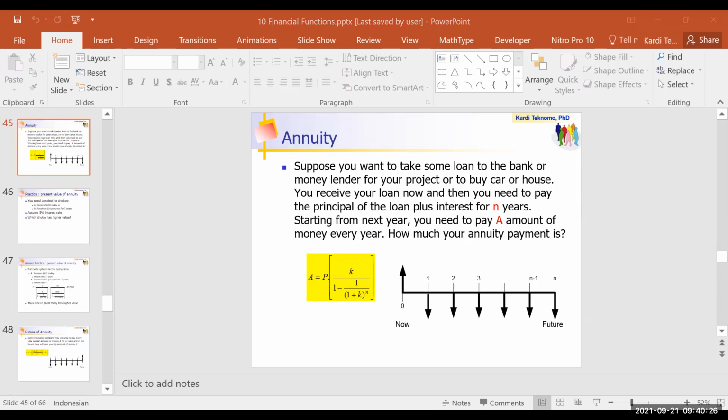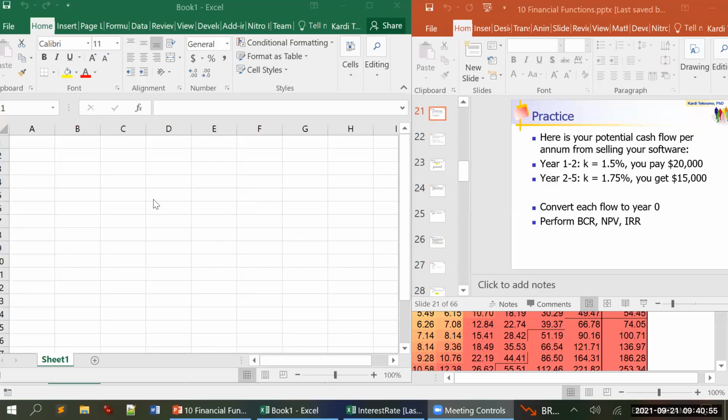Okay, let's do it in a new table. How much is your value a while ago? Okay, let me share the screen. Right, so you have a year 0, 1, 2, 3, 4, 5.